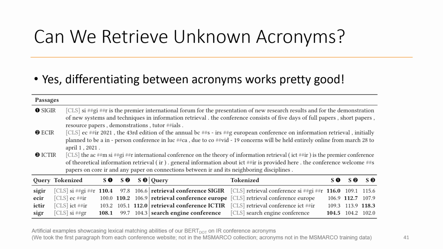And also, if for example we use a query like Retrieval Conference Europe, we match the ECIR conference higher than the other two, even though in the passage itself only the word European appears once. And for the query search engine conference, all 3 passages roughly get the same score, which is also a good sign.